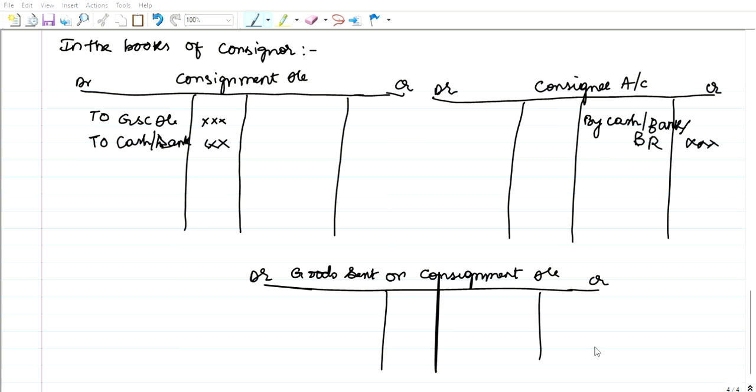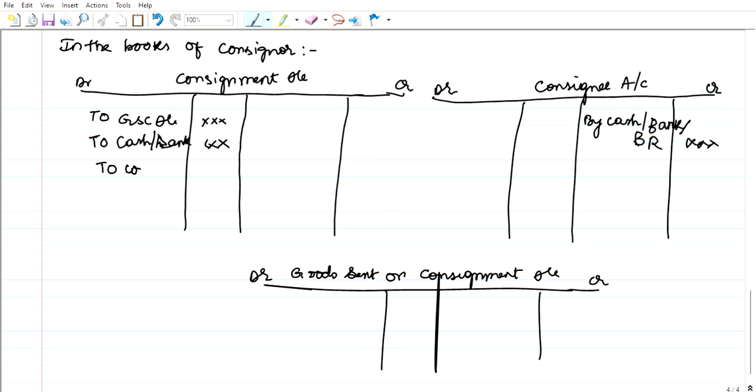Okay, this is what we can say as consignment account to cash or bank. Next, the expenditure incurred by the consignee on behalf of the consignor is consignment account to consignee account.